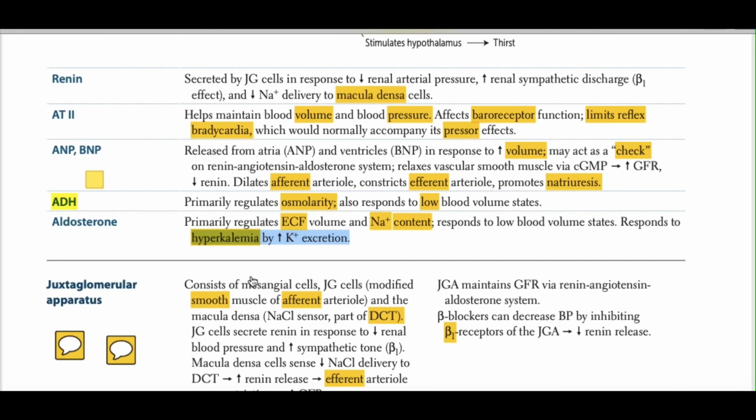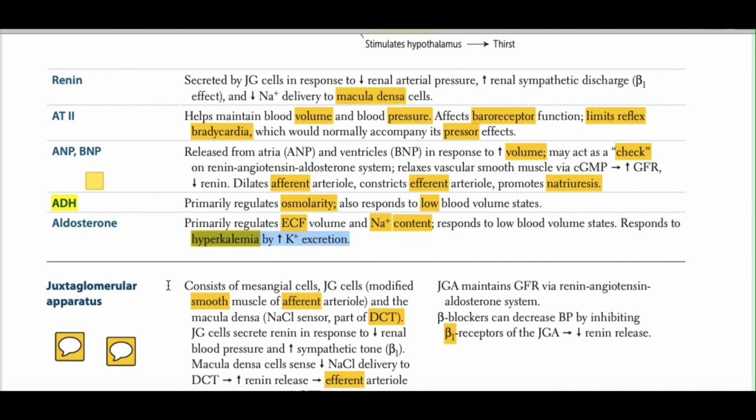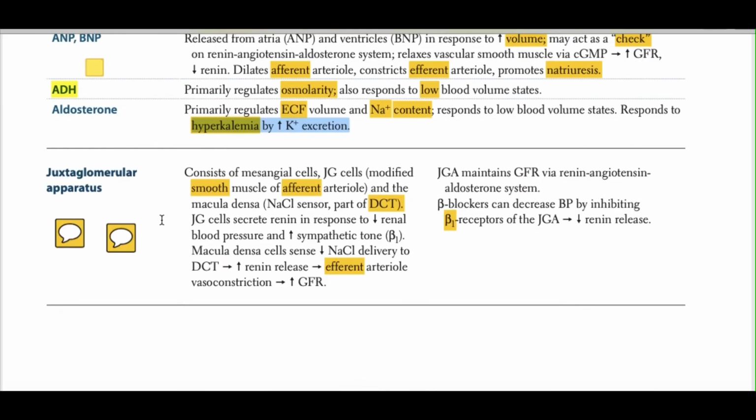Alright, so another topic is the juxtaglomerular apparatus. This consists of mesangial cells, juxtaglomerular cells, which are modified smooth muscles of the afferent arteriole, and the macula densa, that is a sodium chloride sensor part of the distal convoluted tubule.